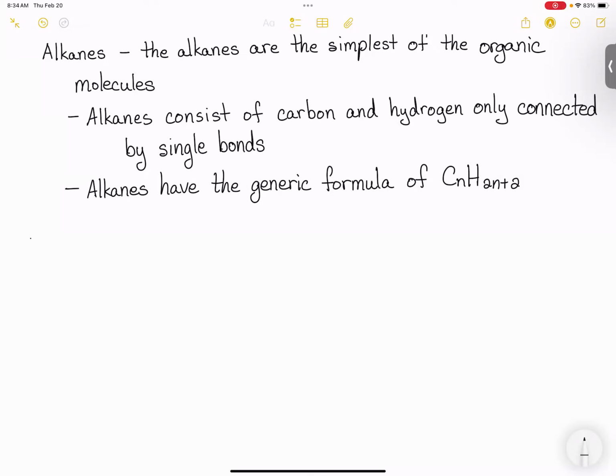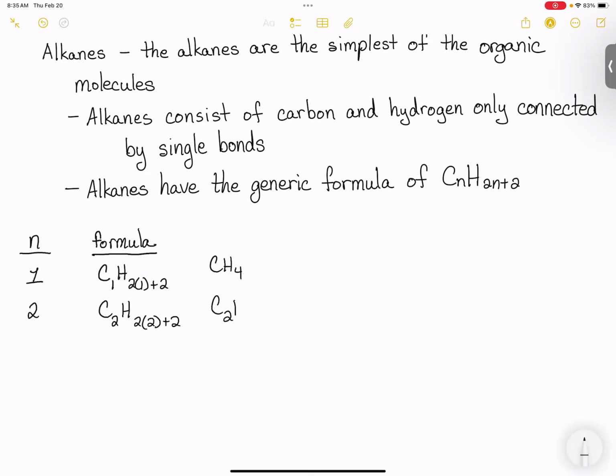So if n is equal to 1, then our formula would be C1, H to the 2 times 1 plus 2. Or in other words, it is CH4. If n is 2, then C to the subscript 2. The H would be 2 times 2 plus 2. Or in other words, it's C2H6.